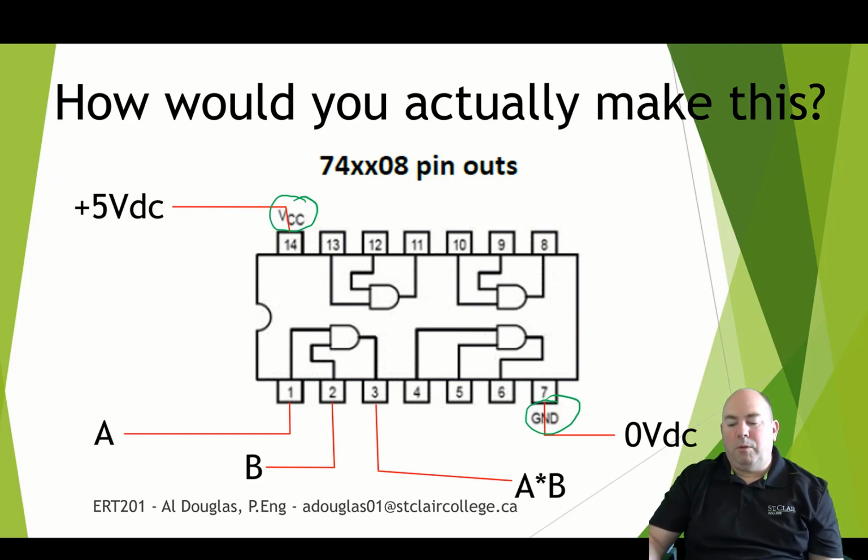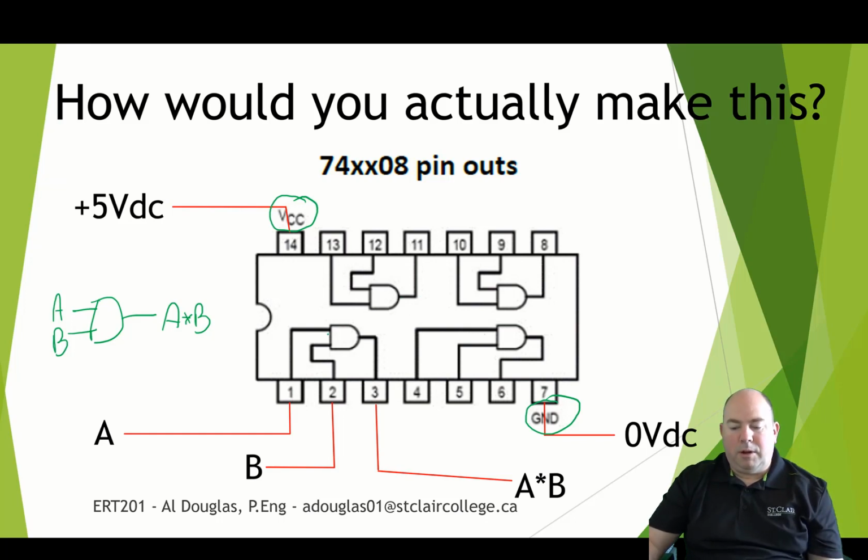And then you would wire up the rest of it as you need to. So if you wanted to create this here, you would look on this diagram and see what's available to you. There are 4 different options.